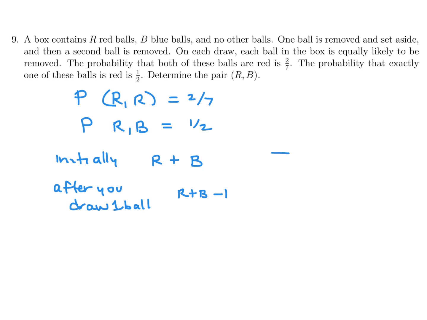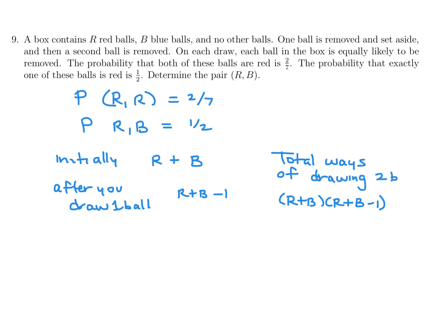So the total ways of drawing 2 of the balls is R plus B times R plus B minus 1.